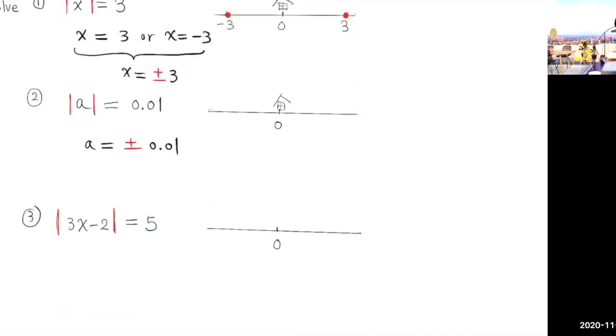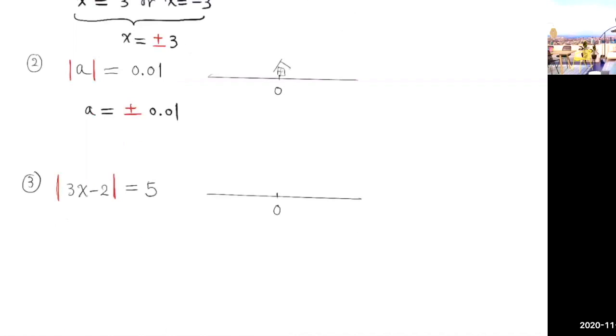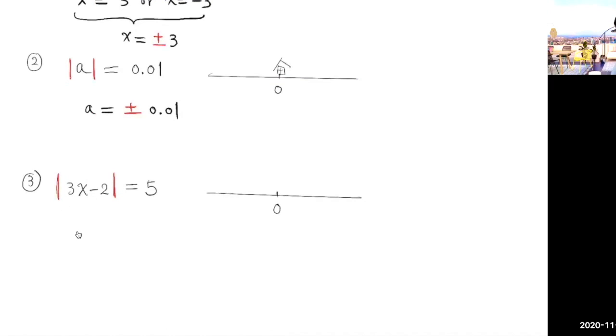So what about the absolute value of 3x minus 2 equal to 5? How can we solve for x? To solve for x here, you can regard this whole expression inside the absolute value as a single number. What number, if you take the absolute value, is going to equal 5?